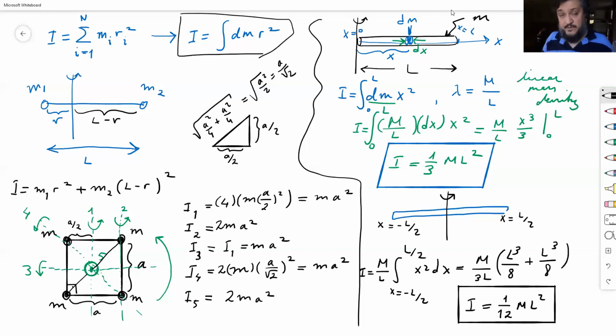The moment of inertia is the smallest if the axis goes through the center, and it's the greatest if it is going through one end. And these two are related.